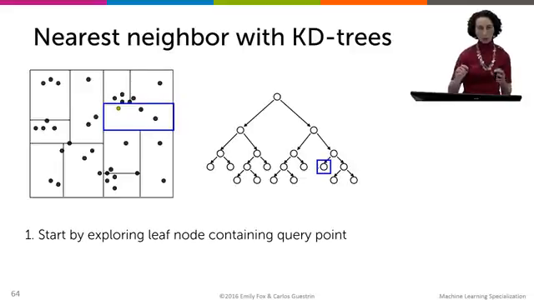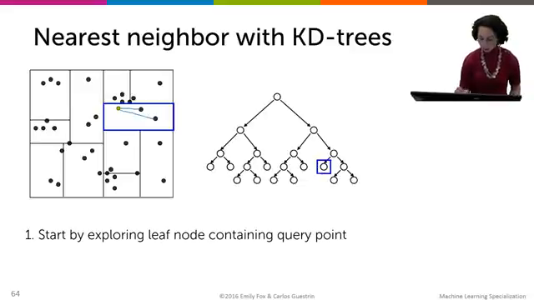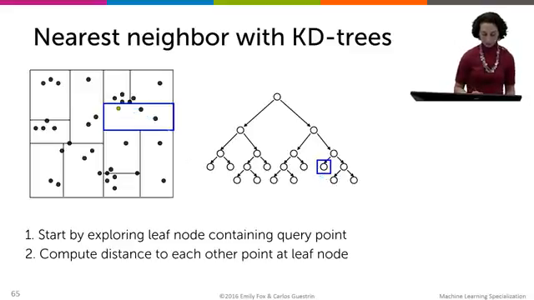Once we're at this leaf node, the first thing we do is start searching for nearest neighbors, because our hope is that within this box local to our point might be a likely place to find a nearest neighbor. So we compute the distances to each point contained in this box. This node has a list of 3 points, the query point and these 2 other points here, and we compute those distances.